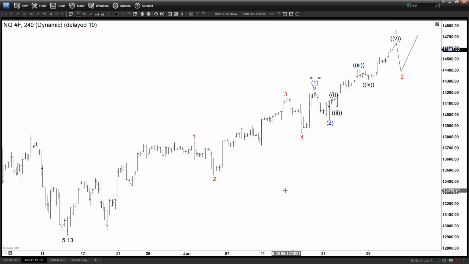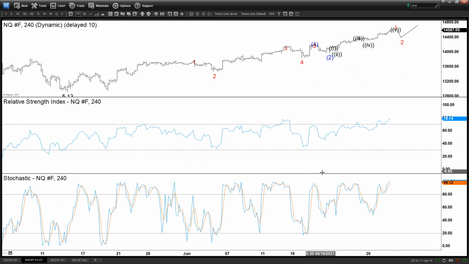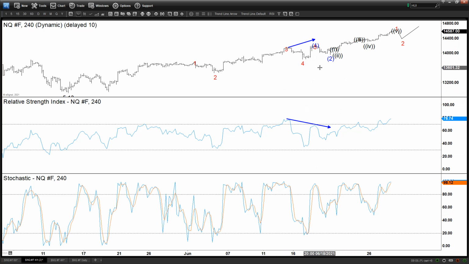But if you look at it from the momentum, you can see you got a divergence right around here, which is this one, right? That's why we're calling this 3 and 5 here. But then you can see the latest move, it looks like the divergence gets erased, and momentum starts to accelerate again to the upside.